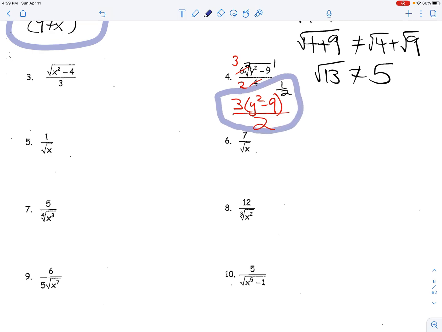So 3 times y squared minus 9, that quantity raised to the 1/2 power. That is your answer to number 4.